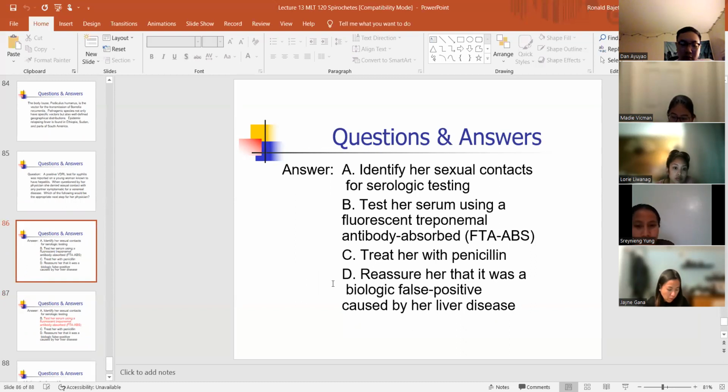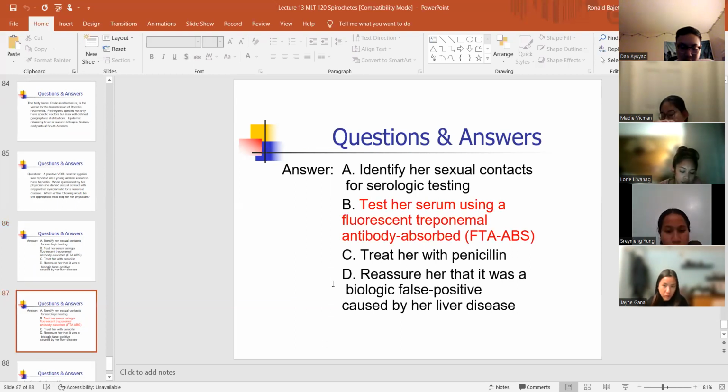A, identify her sexual contacts for serologic testing. B, test her serum using the fluorescent treponemal antibody absorption test. C, treat her with penicillin. Or D, reassure her that it was a biologic false positive caused by her liver disease. Anybody? B. B is correct.